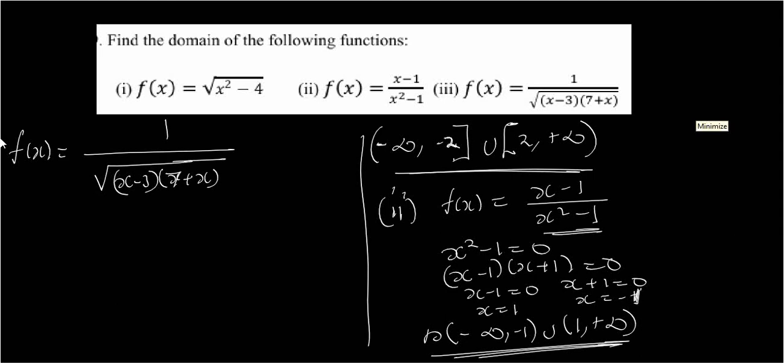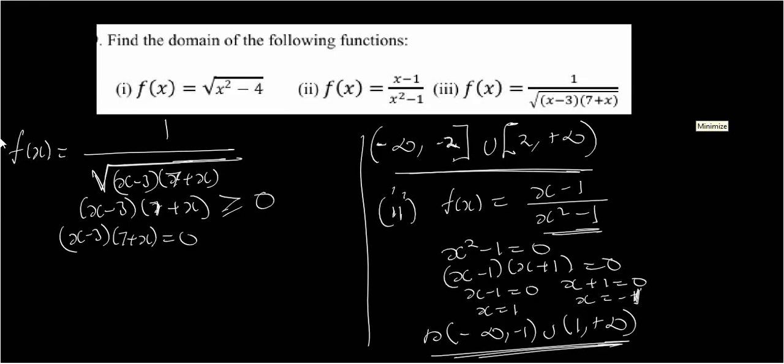Remember that you are having the square root. Once you have the square root, it's x minus 3 times 7 plus x, and we set it less than or equal to 0. So what do you do? You say x minus 3 and 7 plus x equal to 0. In short, you have to equate each to 0.